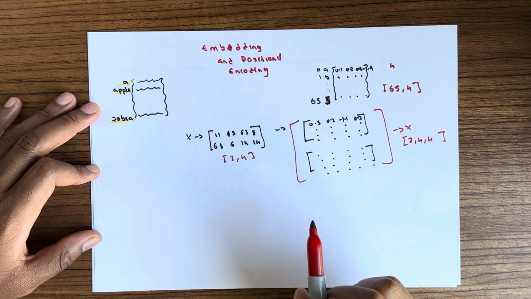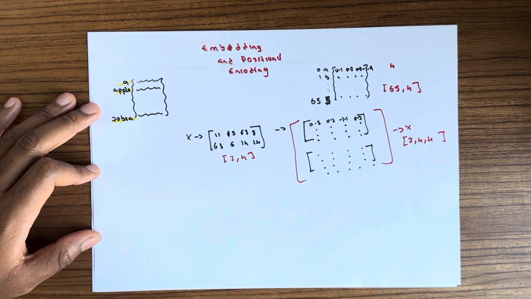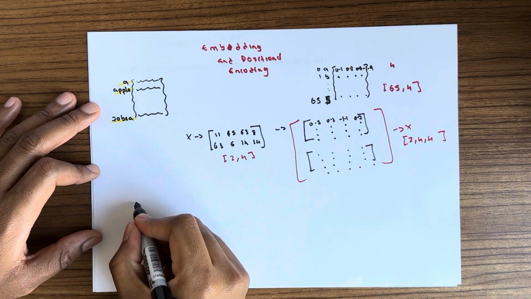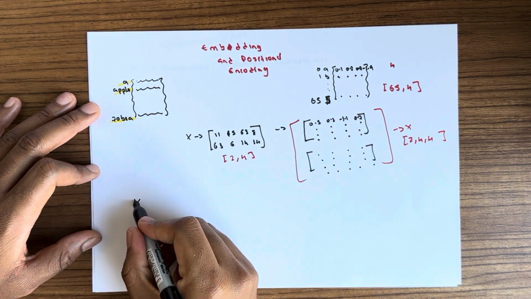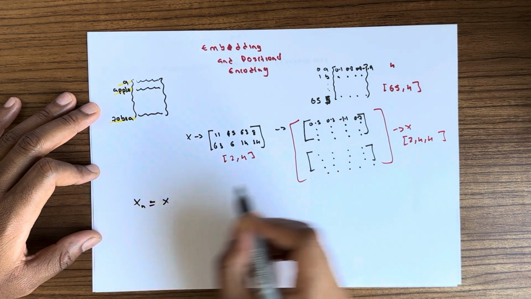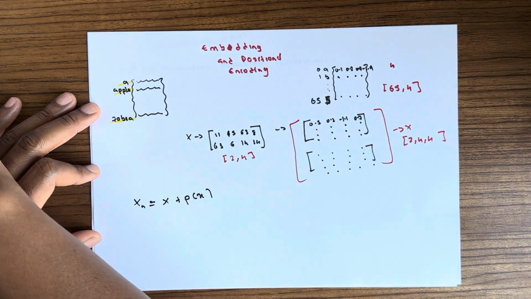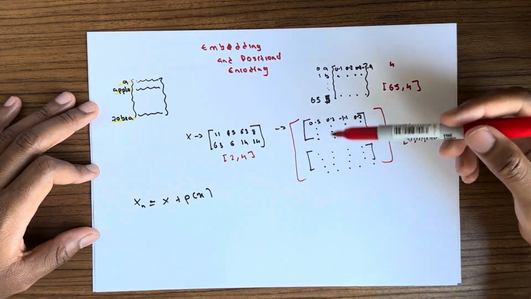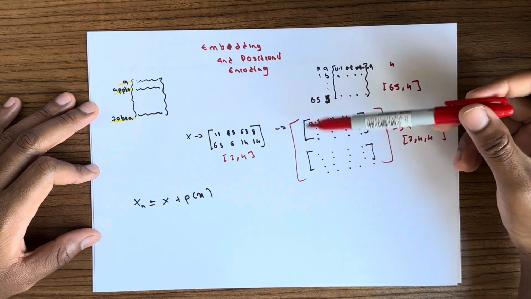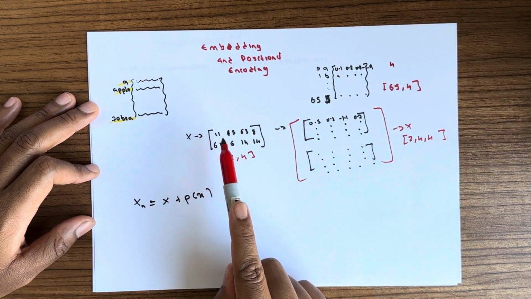All right. There's something very important, which is positional encoding. Well, the new X that will come out of this layer, let's say xn, will be X, which is this, plus positional encoding of X. Well, think about it. Before transformers, there used to be models like LSTM, RNN, and these models process data in sequence.